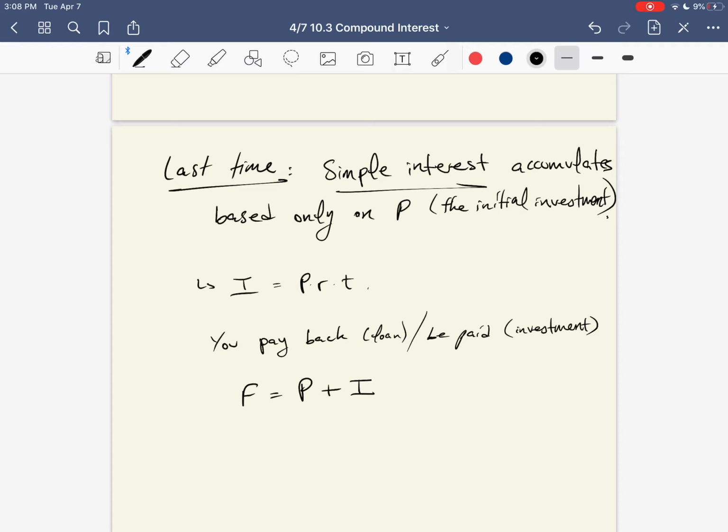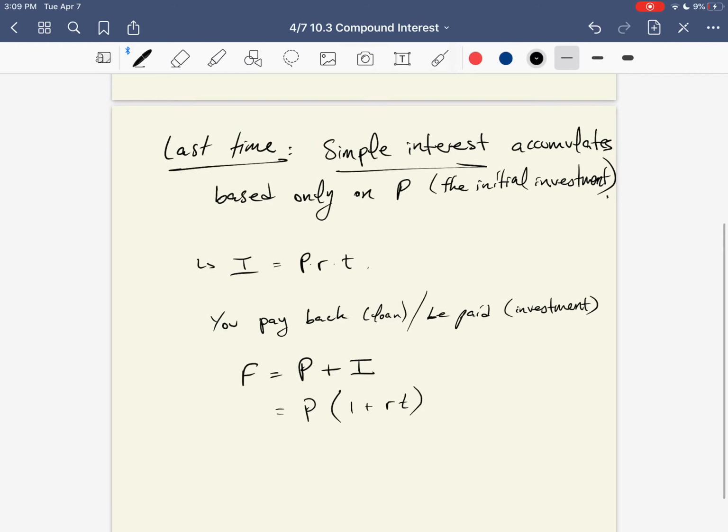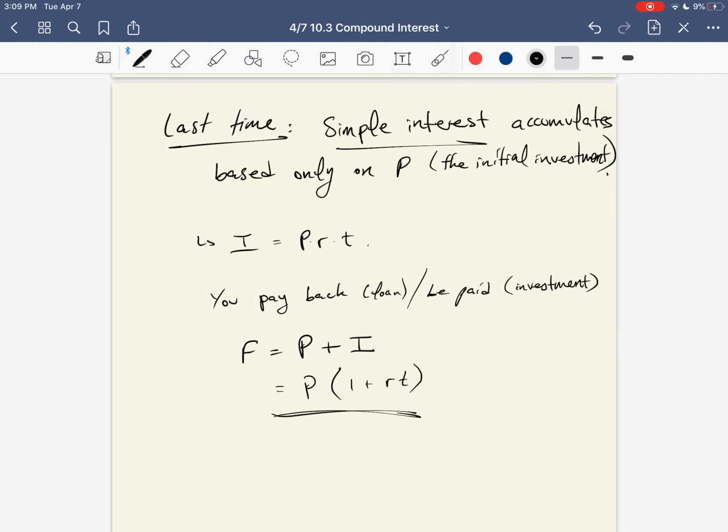And now that we have this formula for the interest, basically what you're receiving back is the principal multiplied by 1 plus the interest rate times the number of years. Good. So this was our formula that we got for simple interest, and you can go back to the last lecture if you don't remember how that worked.